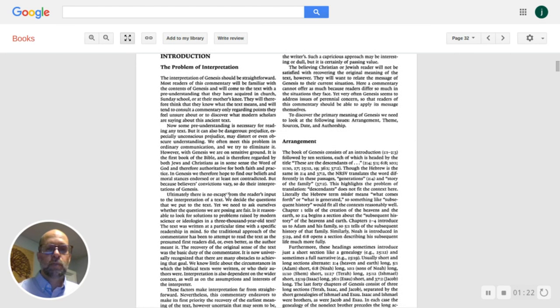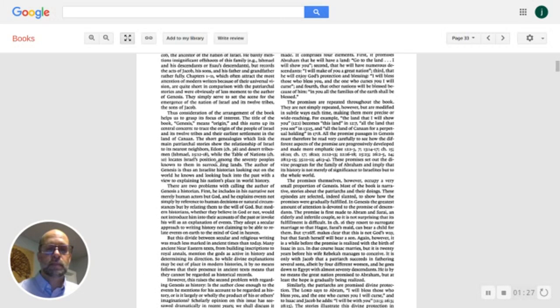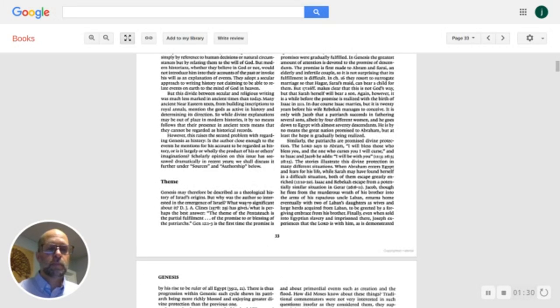Arrangement just has to do with the different sections in the text of Genesis. The theme is important. Please read that and understand how some of these themes might be present in the particular section of text that you do your paper on. And I just want to take a minute here to say, please focus on the particular section of text that you pick from the list of the 16 topics on the paper.